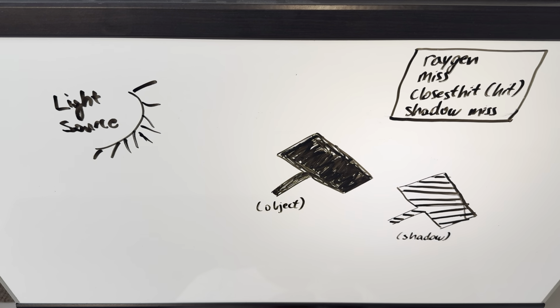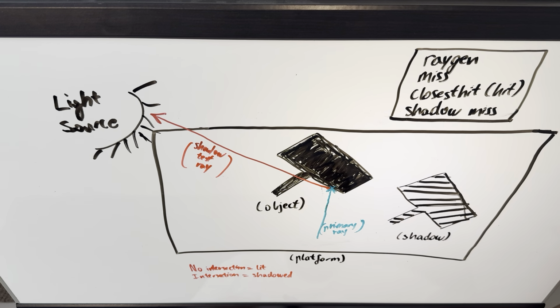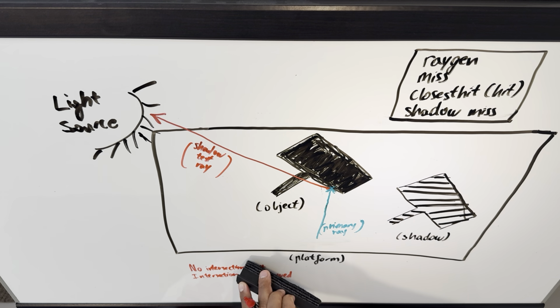It's not shadowed. If we have an intersection, then it is shadowed. Okay? So no intersection, it's lit. If there is an intersection, then it's shadowed. Okay? Maybe not an equal sign. Maybe I put a question mark.